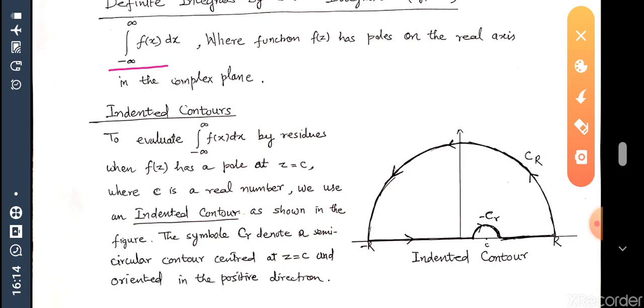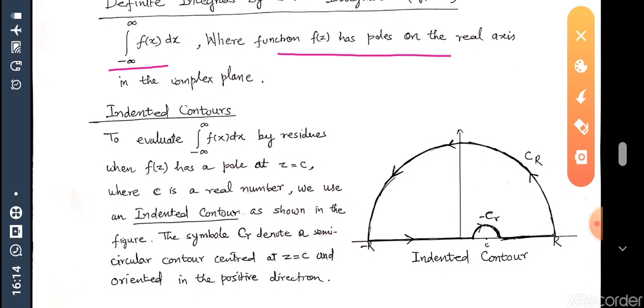Here the complex function corresponding to f(x) has poles on the real axis. To evaluate this integral, we use the technique of indented contours. What are indented contours?